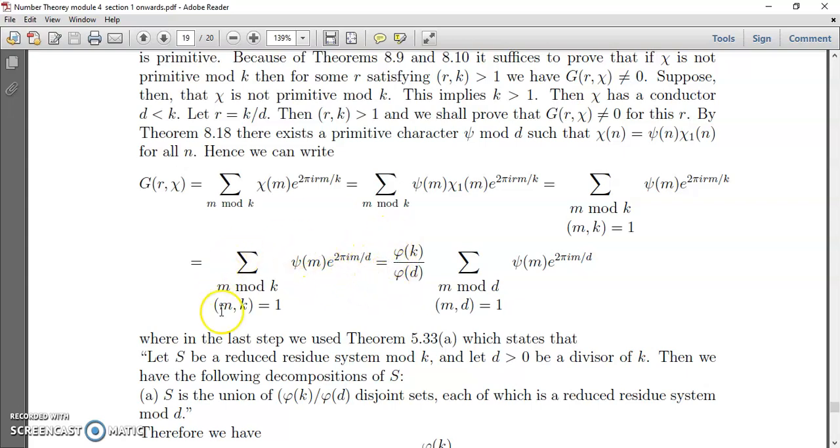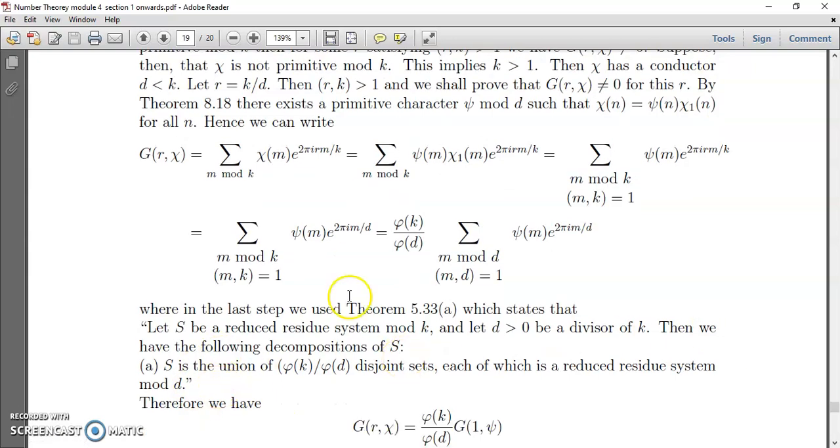Now here this is a reduced residue system modulo k, and if we have a divisor d of k, with d less than k, that is d greater than 0, then this reduced residue system can be decomposed as the union of phi k by phi d disjoint sets, each of which is a reduced residue system mod d.